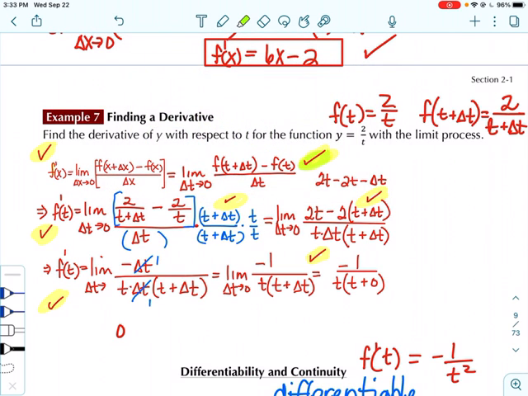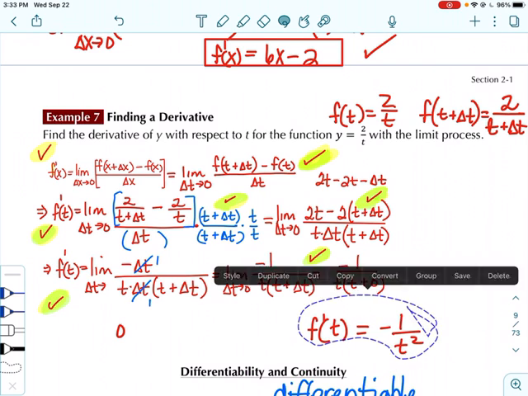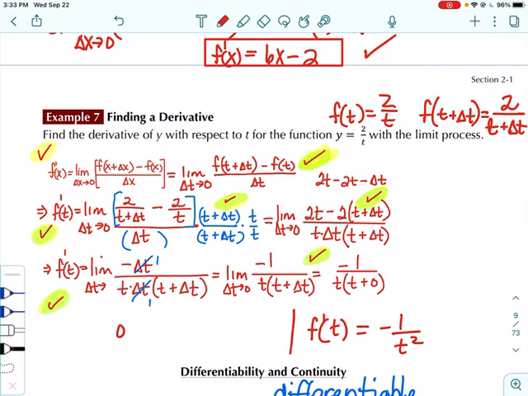Changing to t, multiplying by the LCD or simplifying the complex fraction, and then still simplifying the numerator. And then once you simplify the numerator, canceling the delta t's, then taking the final limit, where you get this. Okay, so that's all we're doing in that one.